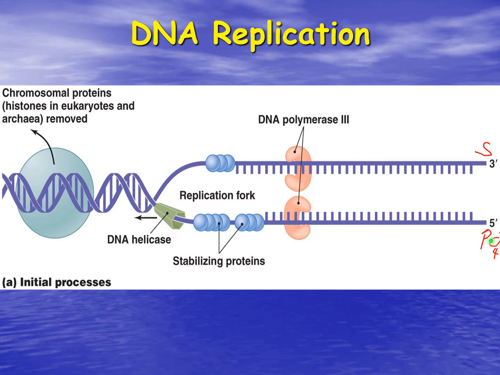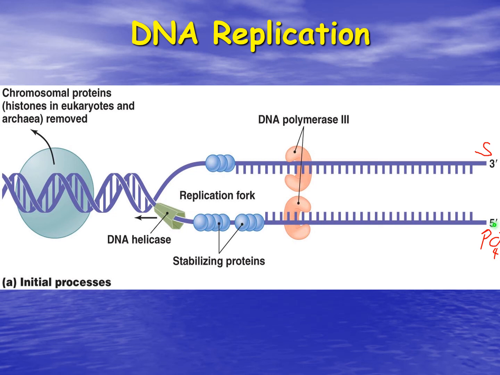When we make a new strand of DNA from each of these individual strands, the new strand will have to start at a 5' end. So on this strand, since it's 3', the opposite would be 5'. And so this strand will be synthesized continuously towards the replication fork. Whereas this one is a 5' end, so I can't start up here at the 5' end and go this direction.